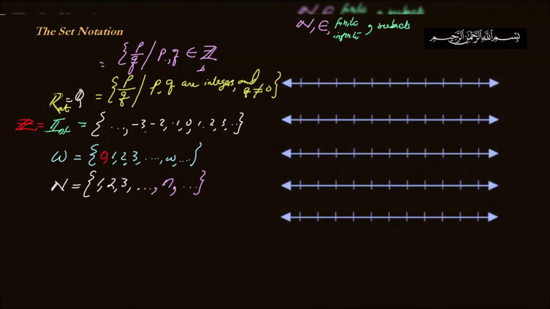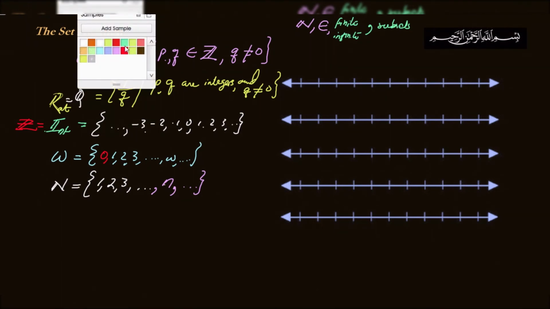So P and Q are elements of the set of integers, and Q cannot be equal to 0. This is a more elegant and beautiful way of describing the set, where you say this is what I'm going to describe, and this is how it's described. So this is a set notation for the rational numbers.